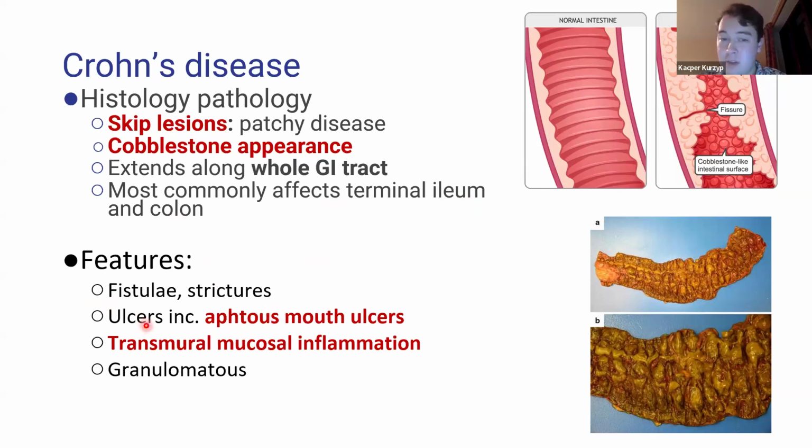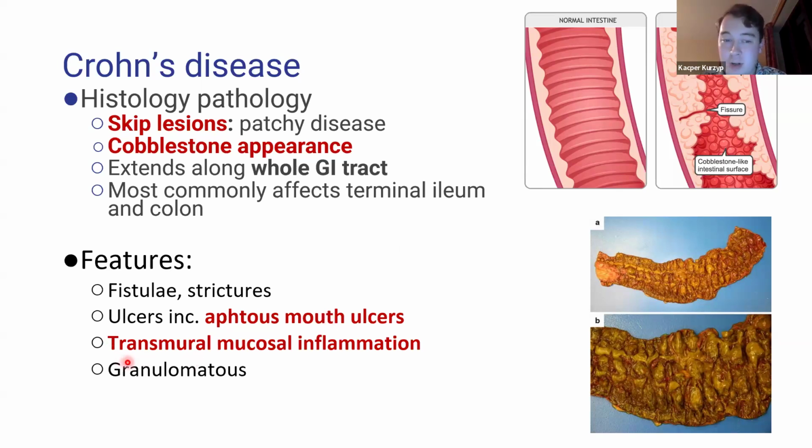There are ulcers, in particular aphthous ulcers in the mouth, which compared to the ones which your teeth can cause, just injuries, they will be present, they will be quite large, and they will also be present away from the hard surfaces such as your teeth, so not caused by trauma.